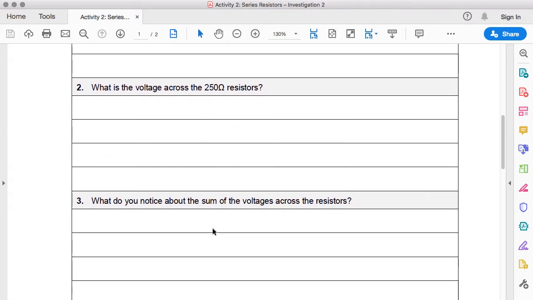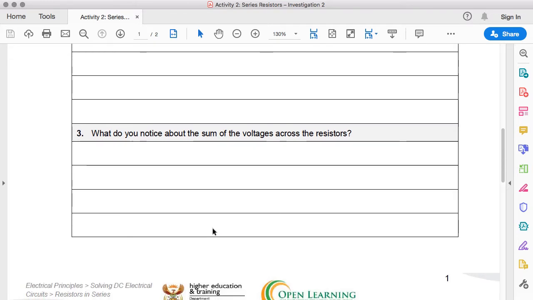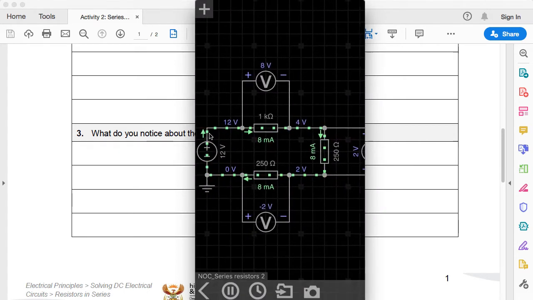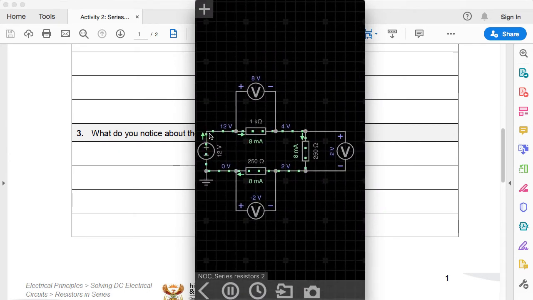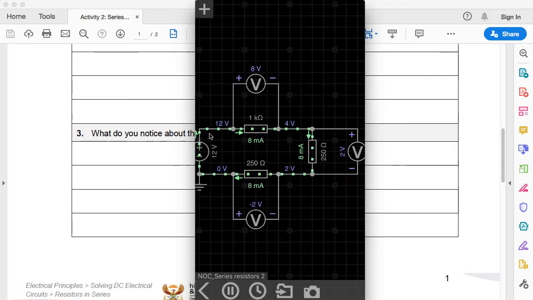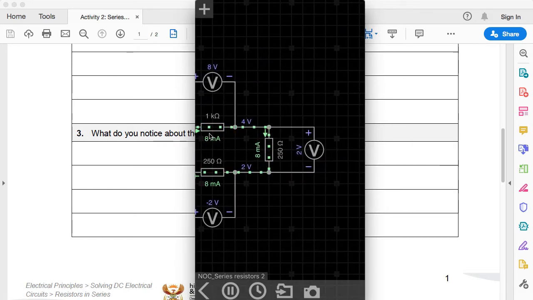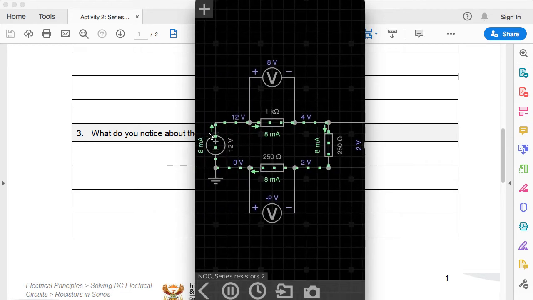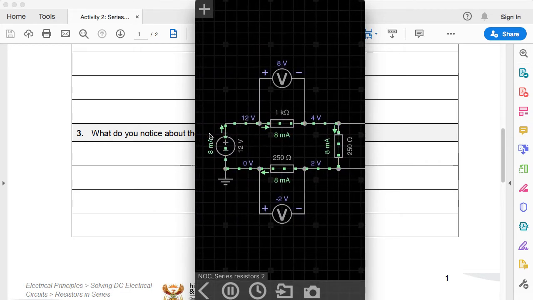Question number 3 asks us, what do you notice about the sum of the voltages across the resistors? Well, let's have a look. We've got 8 volts across the 1 kilo ohm resistor, 2 volts across the 250 ohm resistor, and also 2 volts across the other 250 ohm resistor.